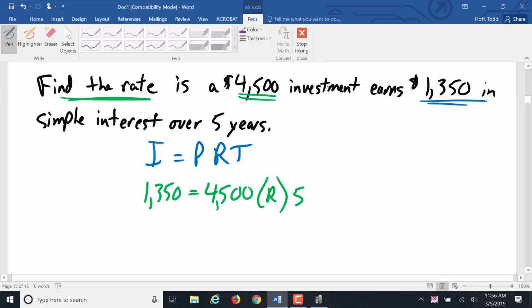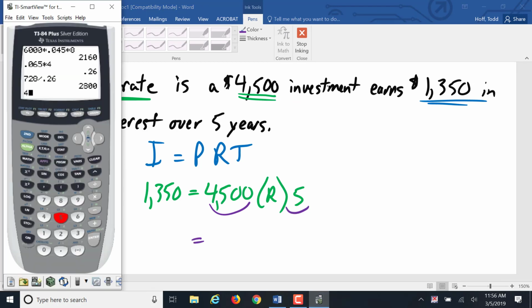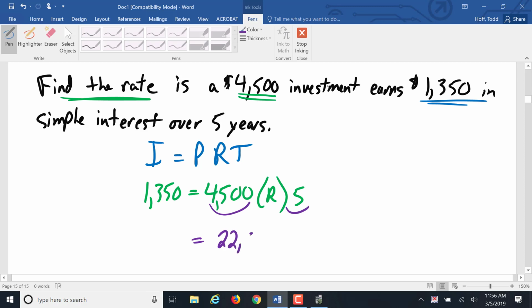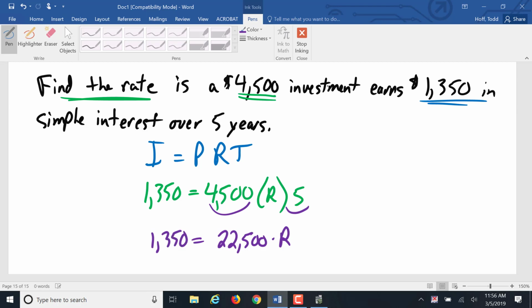So once again, we have to combine what we can on the right side here. So we're going to do the 4,500 times 5, which will give us 22,500. That's still times R, equals 1,350.